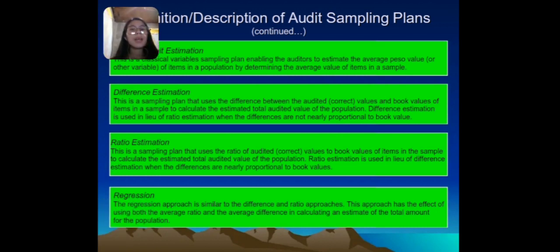Regression is an approach similar to the difference and ratio approach. It has the effect of using both the average ratio and the average difference in calculating an estimate of the total amount for the population.